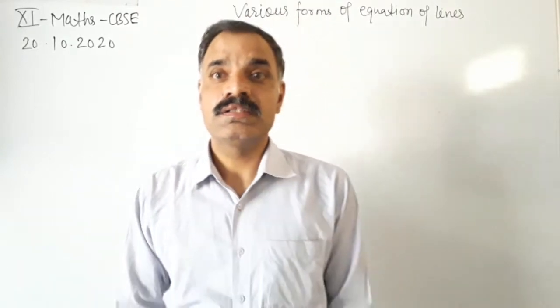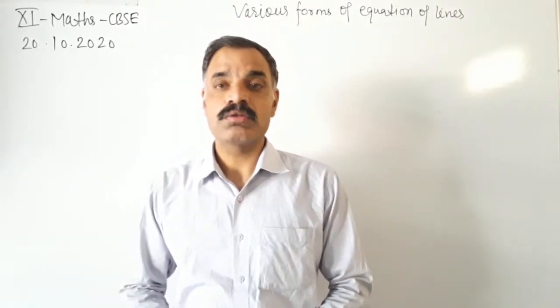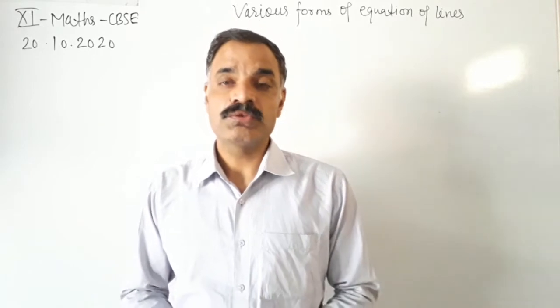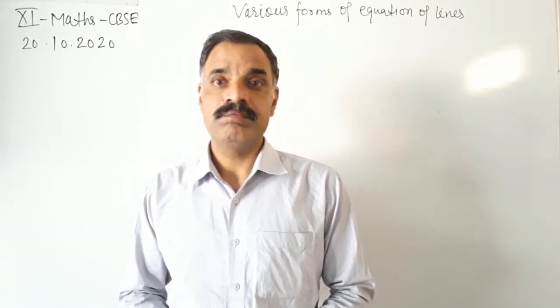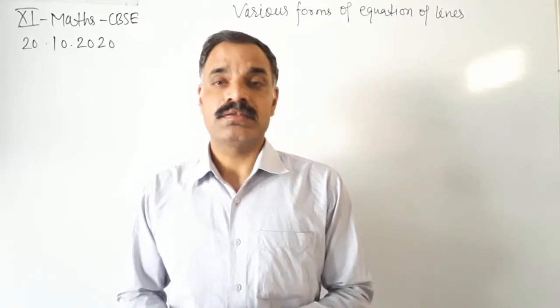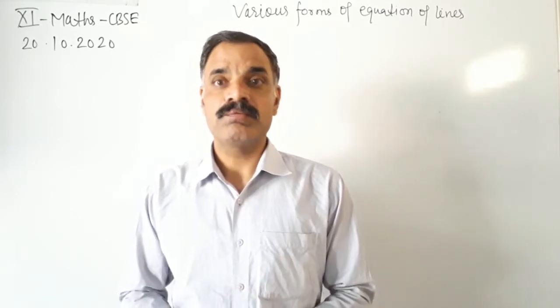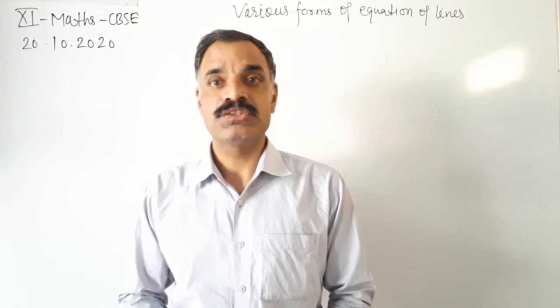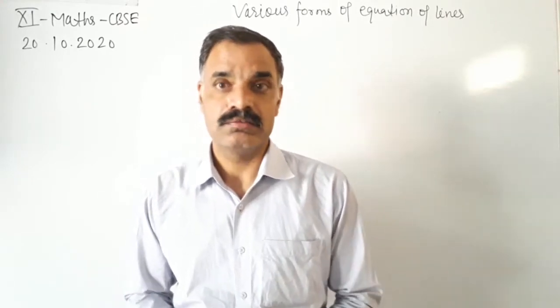Okay students, today we will discuss the various forms of the equation of the line. In the previous video we have already discussed the basic fundamental concepts of straight lines, that is, the slope of the line.